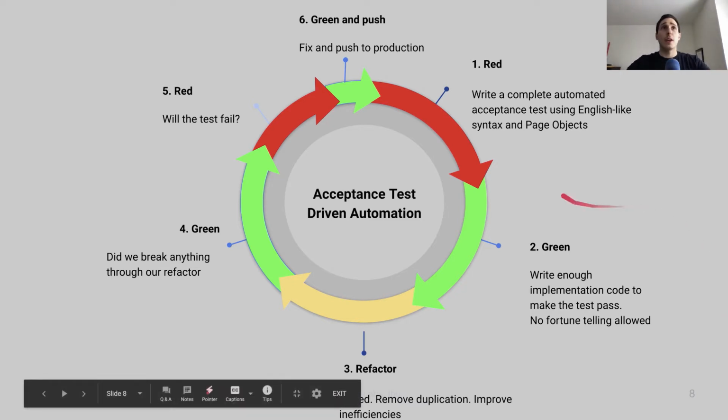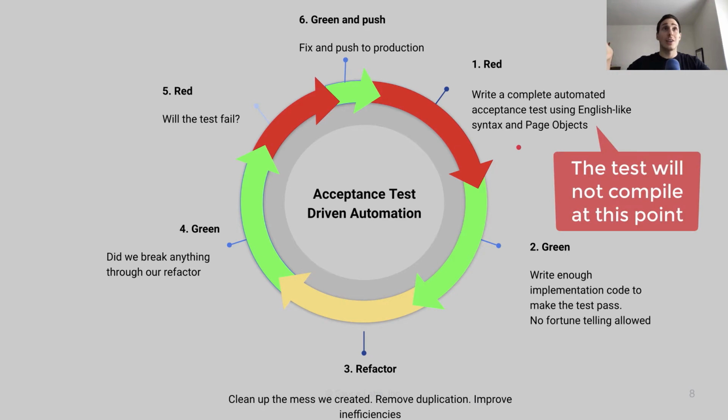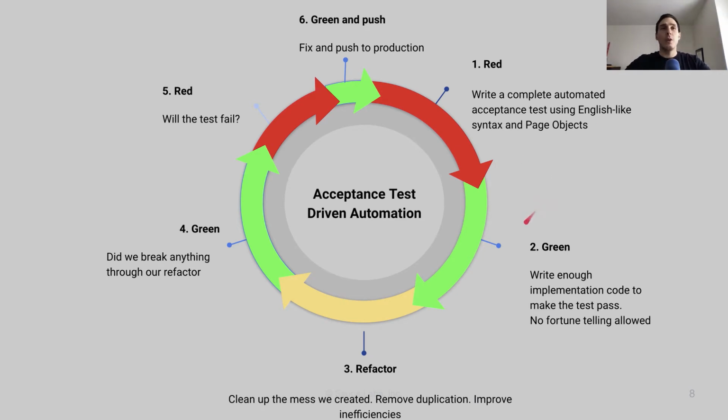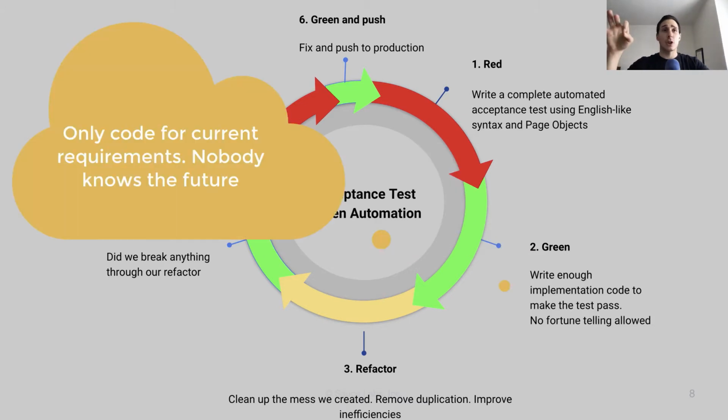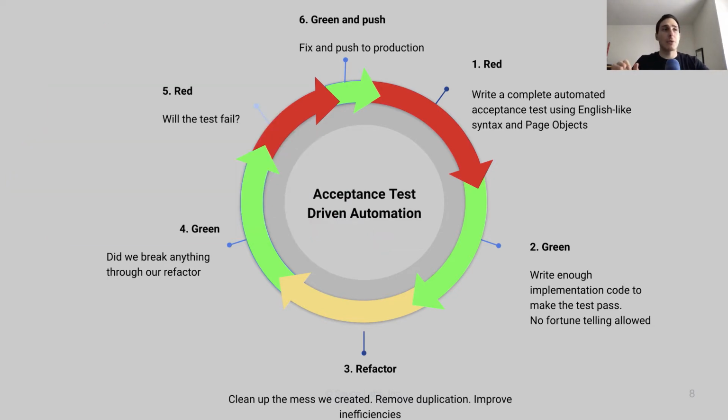We start with the red phase, where we write a complete automated acceptance test using English-like syntax and the page object pattern. Next, we go to the green phase, where we implement that test and make sure that the test passes. No premature optimization and fortune telling allowed here. In the next phase, potentially one of the most important phases, is the refactor phase.